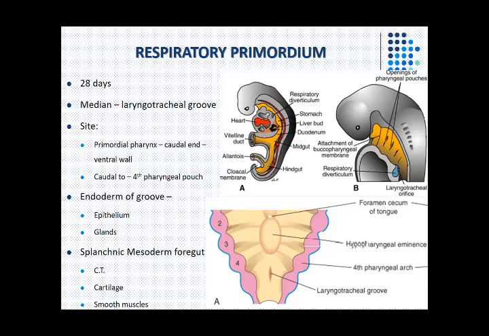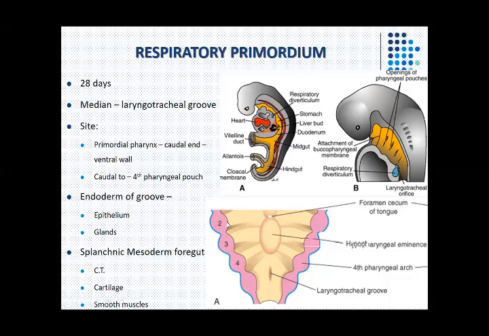So what happens is कि ये interior of the pharynx है, and the interior of the pharynx is lined by endoderm.